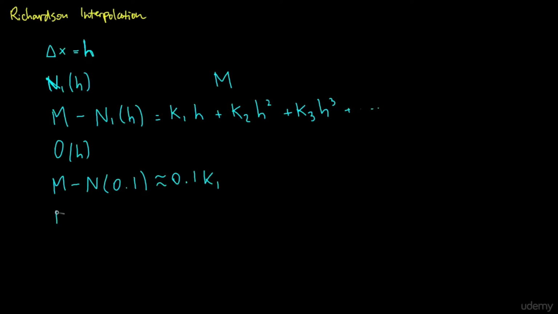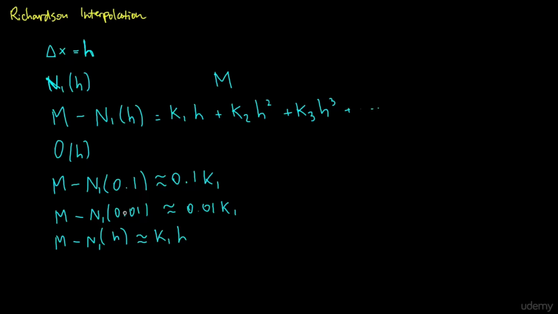And we can similarly say that m minus n1 of 0.01 is approximately 0.01 k1, and so on. In general, m minus n1 of h is approximately equal to k1 times h. I've ignored the other terms here because obviously they are much smaller than the first term. You can make this kind of argument essentially.